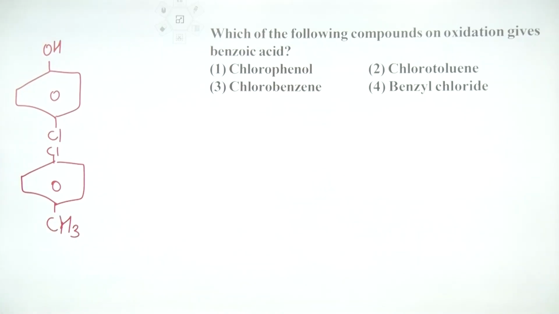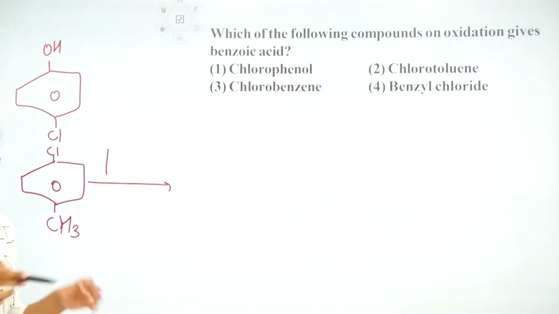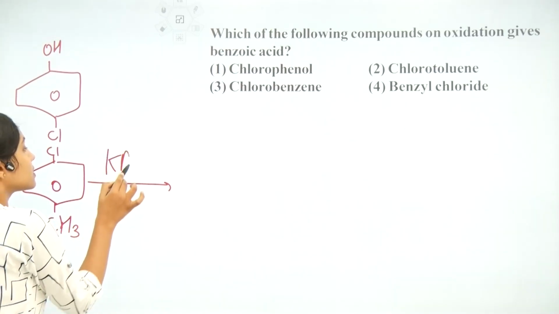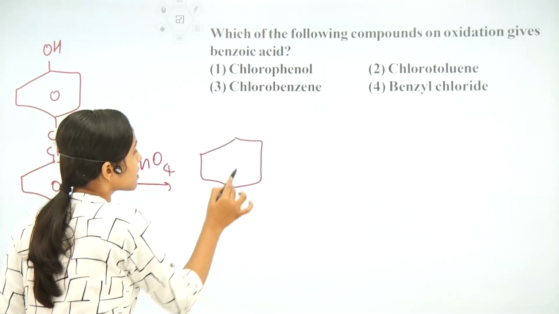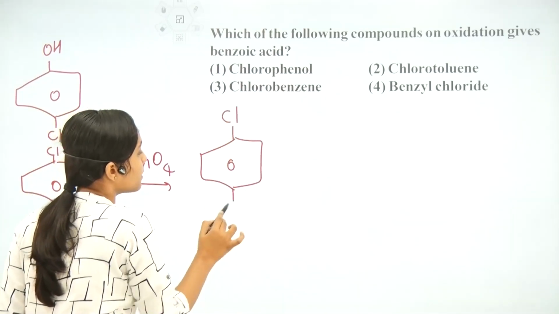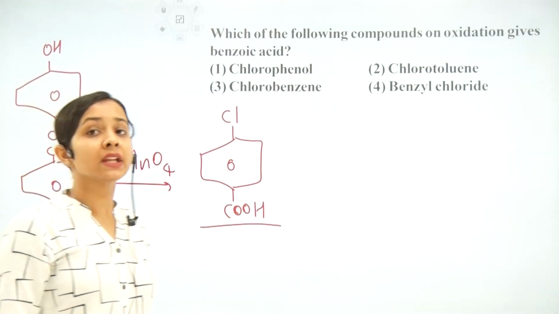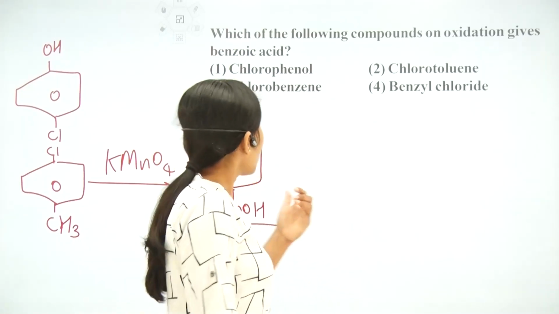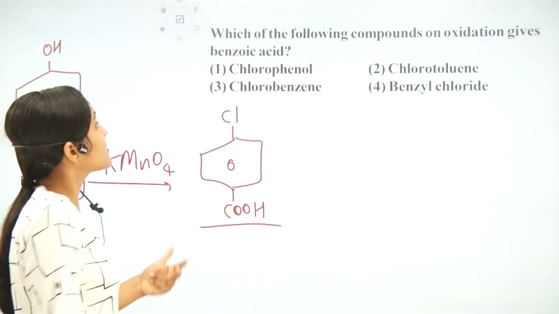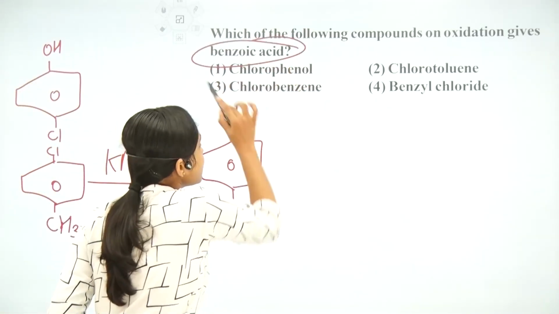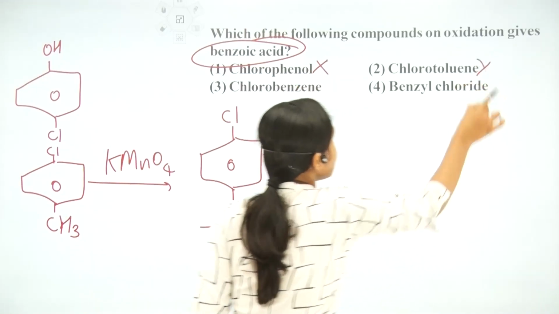This chlorotoluene on oxidation with a strong oxidizing agent like KMnO4 will give us chlorobenzoic acid. And our question is, which of the following compounds on oxidation gives only benzoic acid, and it will give us chlorobenzoic acid. So option 1 and option 2 both are incorrect.